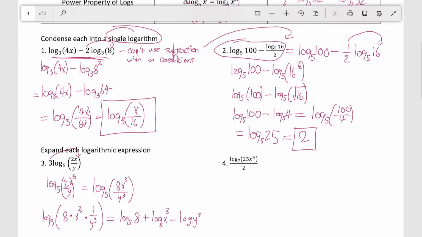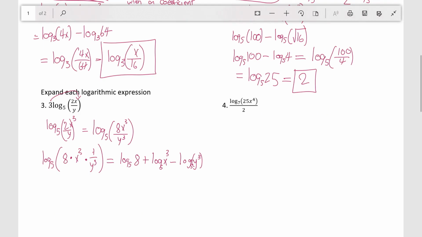It's log base 5. And then I'm going to bring these 3's back to the front and make my final expanded log base 5 of 8 plus 3 log base 5 of x minus 3 log base 5 of y.